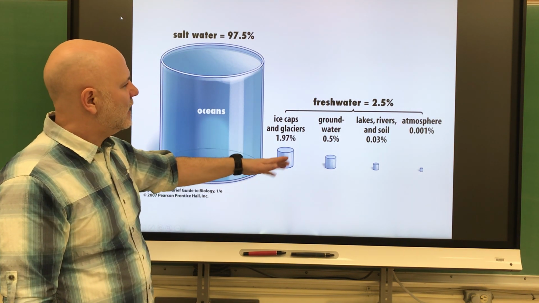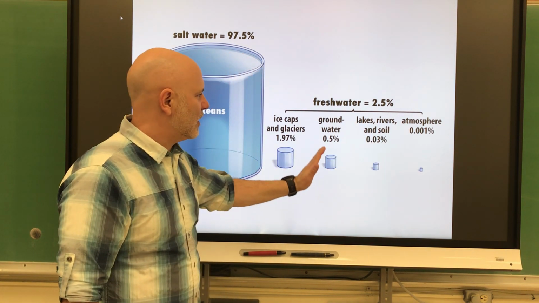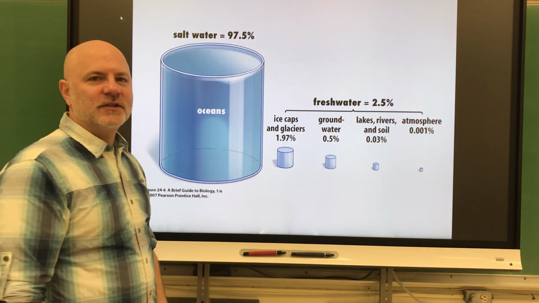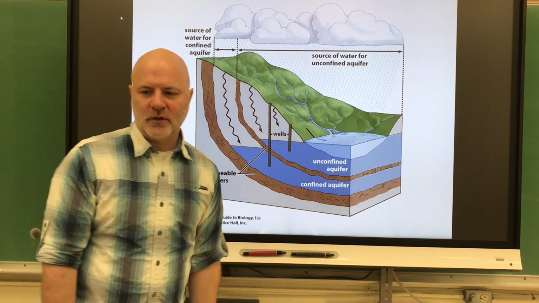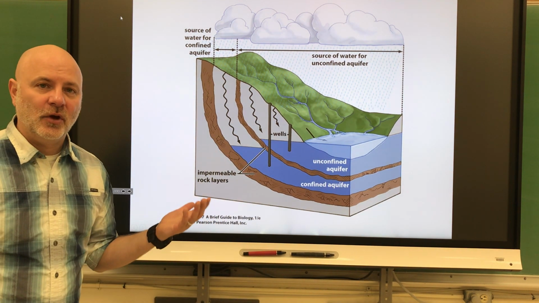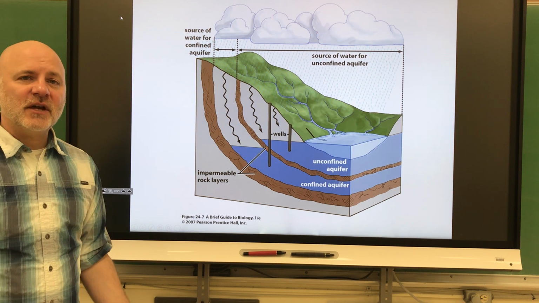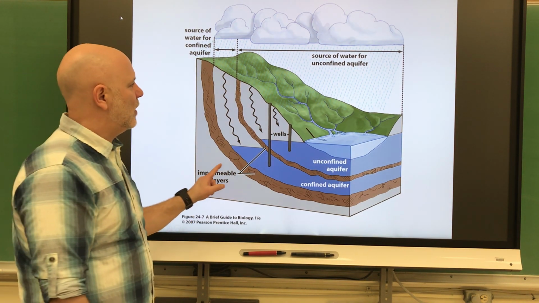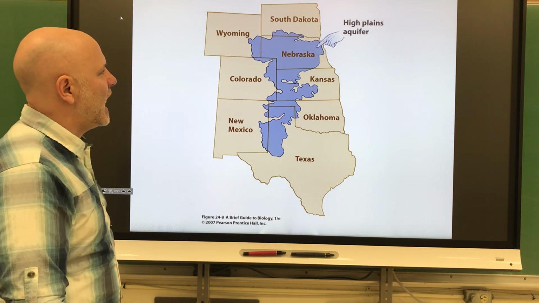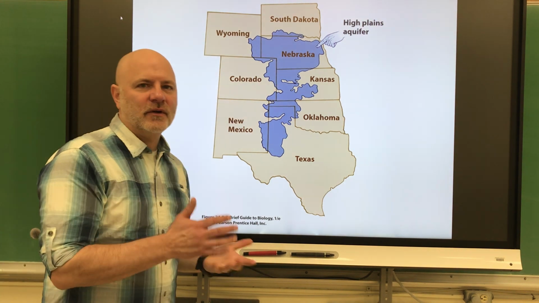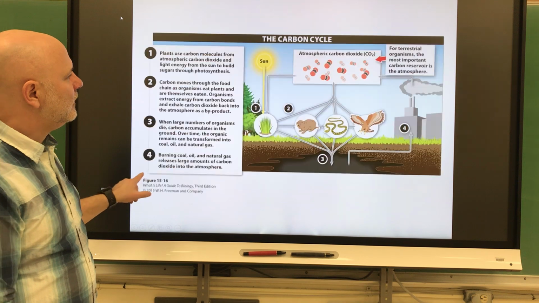We can't get that. This is the water that is available for us to drink. A lot of that water is called groundwater, which is water that's found below ground. 50% of our drinking water is groundwater. This is showing a large aquifer called the High Plains Aquifer. The aquifer is groundwater there.